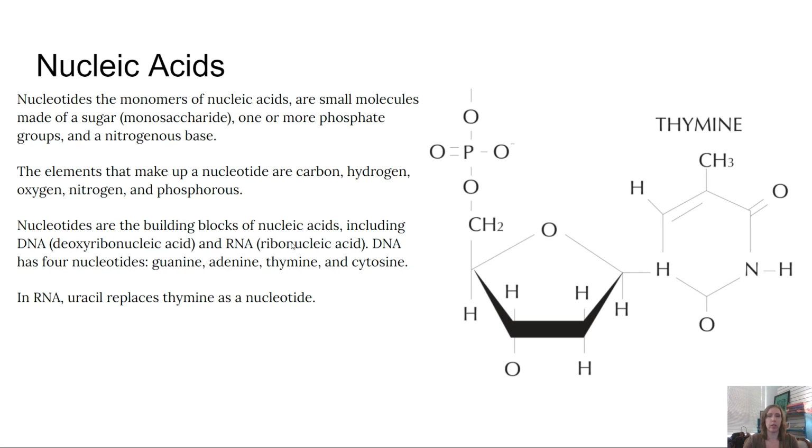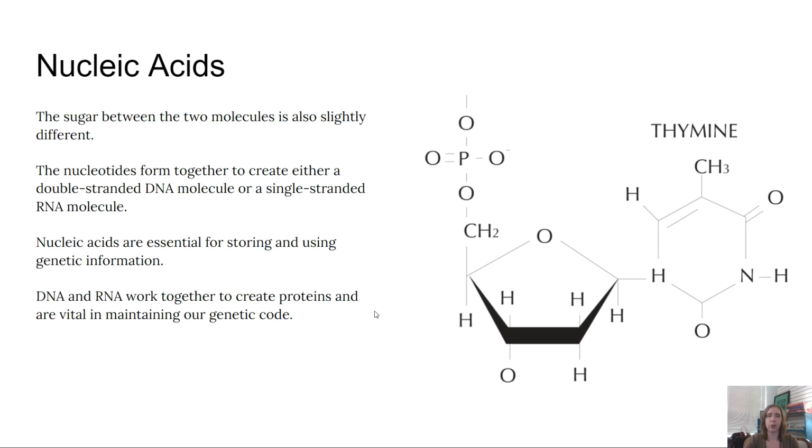Nucleotides are the building blocks of nucleic acids, including DNA and RNA, which has 4 nucleotides: guanine, adenine, thymine, and cytosine. In RNA, uracil replaces thymine as a nucleotide. The sugar between the two molecules is also slightly different. The nucleotides form together to create either a double-stranded DNA molecule or a single-stranded RNA molecule.